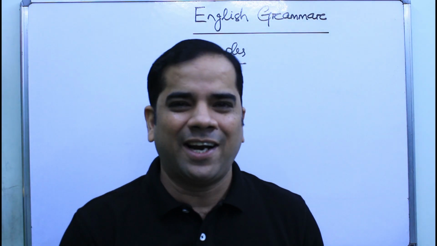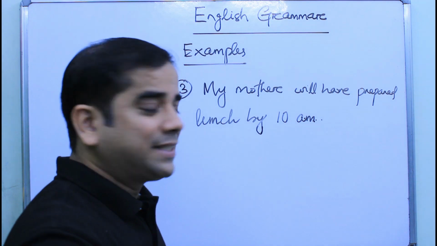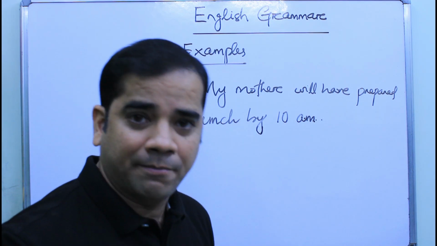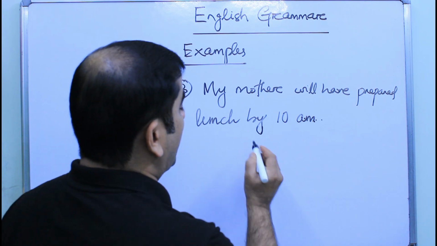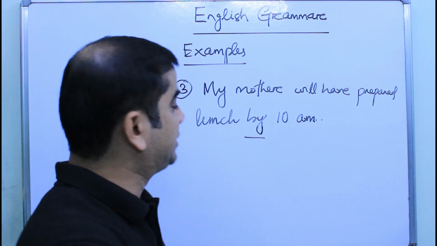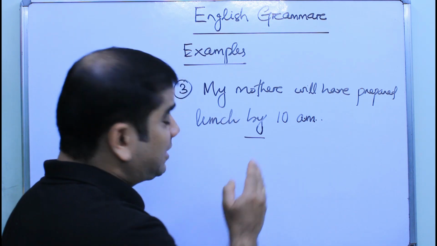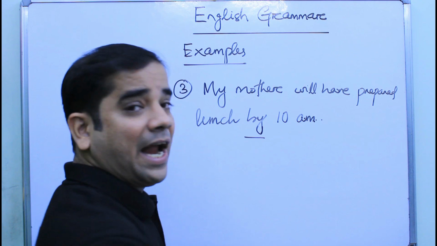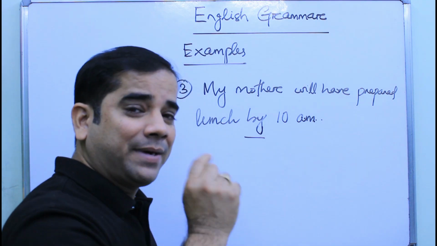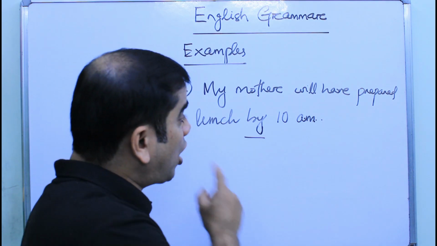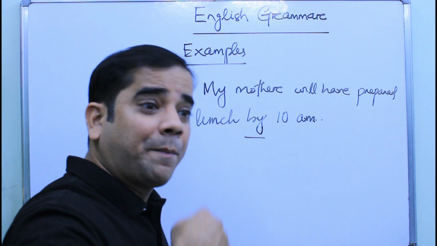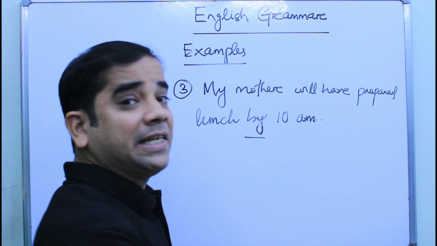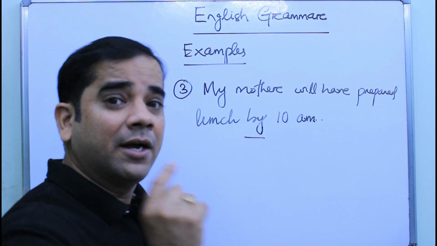Let us now take another example. Students, in this sentence, my mother will have prepared lunch by 10 a.m. In this sentence, we have used the preposition by, which denotes that the action will definitely be completed before 10 a.m. or at maximum by 10 a.m. It will not be delayed, or the action will not continue after 10 a.m. 10 a.m. is the deadline for the action to be completed.